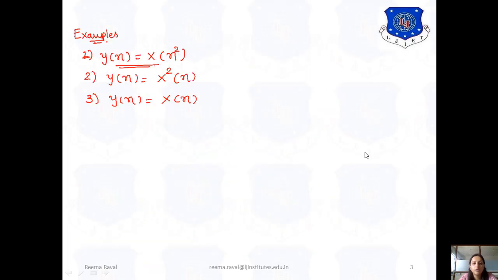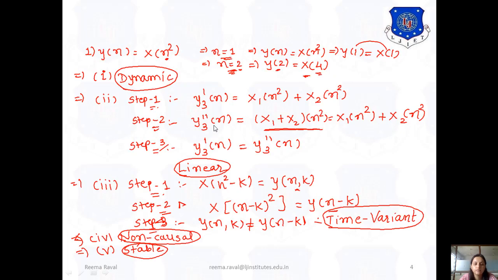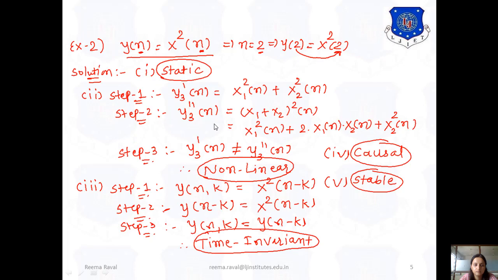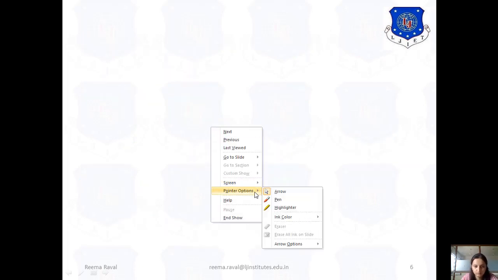Okay. Now the third example is y of n equals x of n. So for this example number 3, where y of n equals x of n, that is your input function.